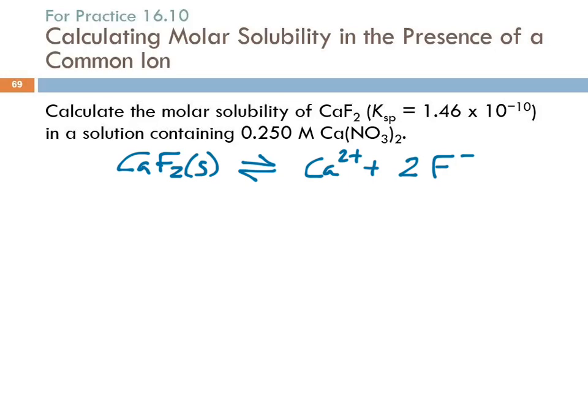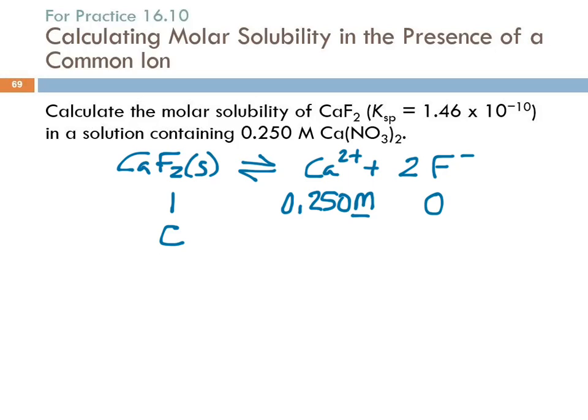Normally the initial concentration would be 0, right? But can we say that the initial concentration of calcium ion is 0? No, there's 0.250 molar of it from the calcium nitrate. Calcium nitrate is very soluble. Nitrate compounds are very soluble, so we don't have to worry about KSP for that. That's going to completely dissolve. We're going to say that the initial concentration of fluoride is 0. So that's our initial. And then change. Which direction is this going to go in?